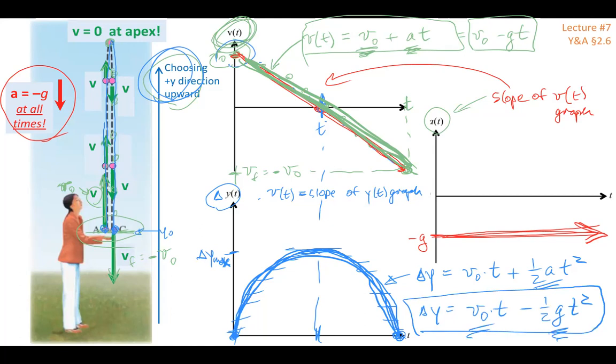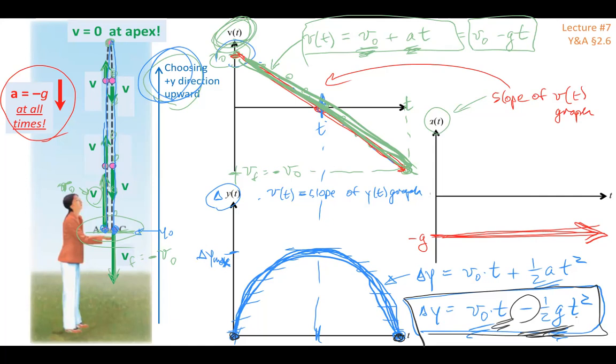And we remember from algebra that this is a quadratic, and a quadratic has a parabolic shape when we plot it. Specifically, this is a downward opening quadratic because it has a negative coefficient on the t squared. So that's exactly what we see here. One of the roots is at t equals 0, and the other root is over here at the time of landing.